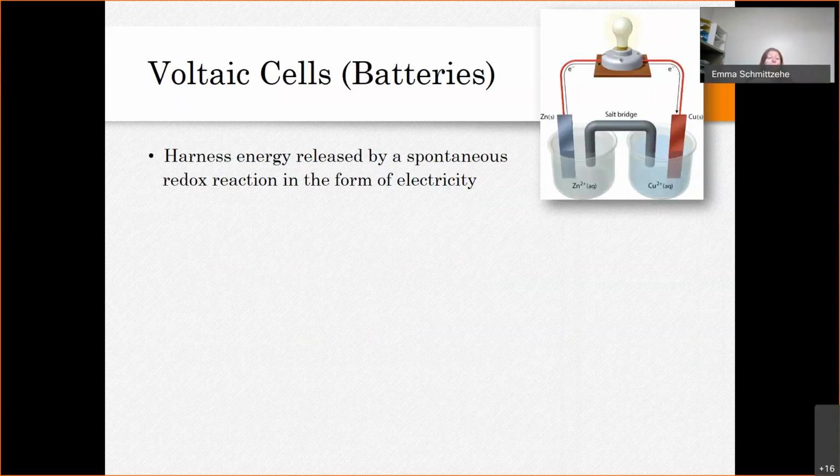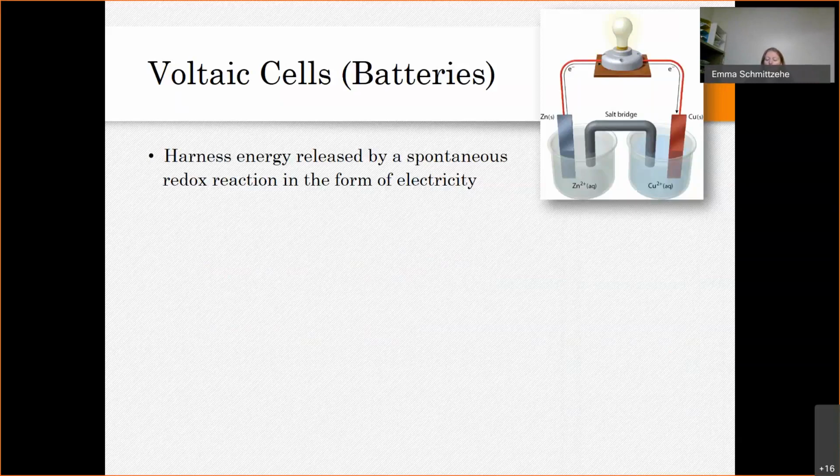So this is a setup that allows us to harness the energy that is released by a spontaneous redox reaction, okay? And so we harness that energy in the form of electricity when we set up a voltaic cell or a battery, okay? So within a battery, you actually have a redox reaction occurring, okay? That's where that energy or that electricity is coming from, okay?